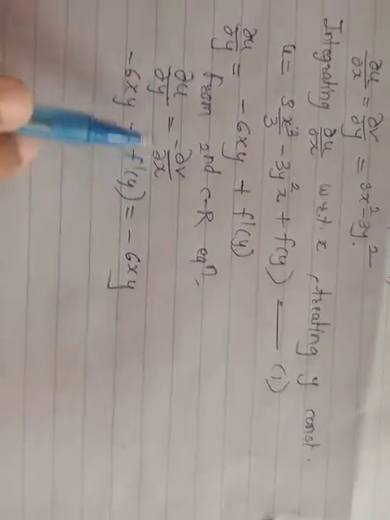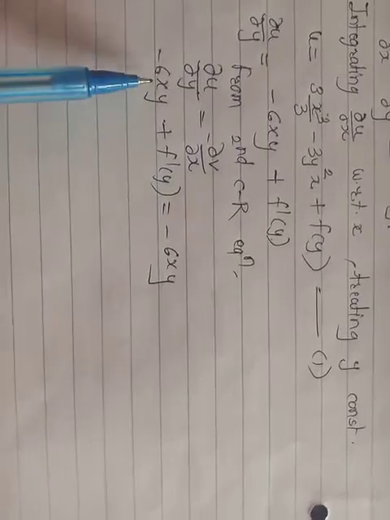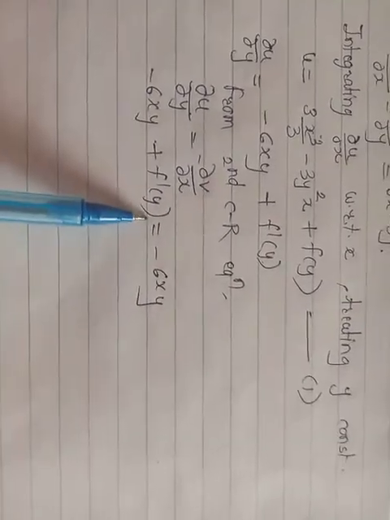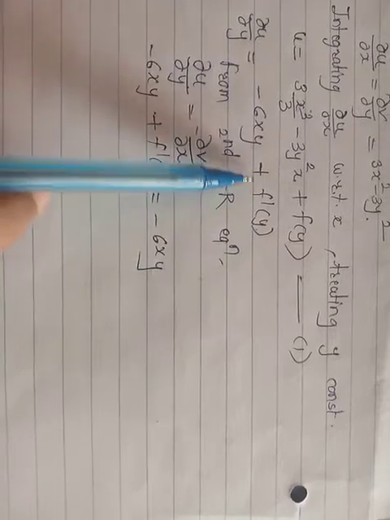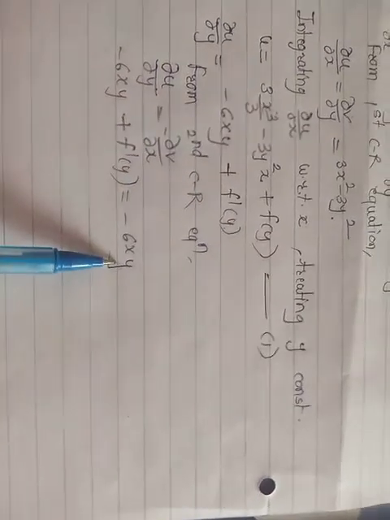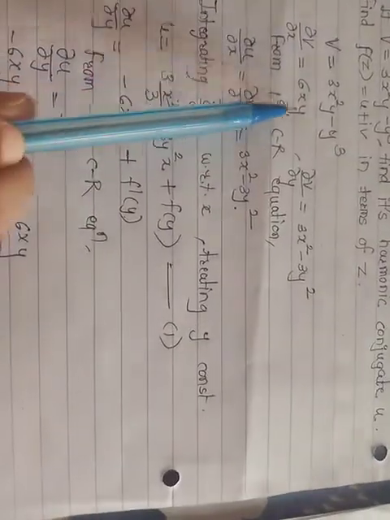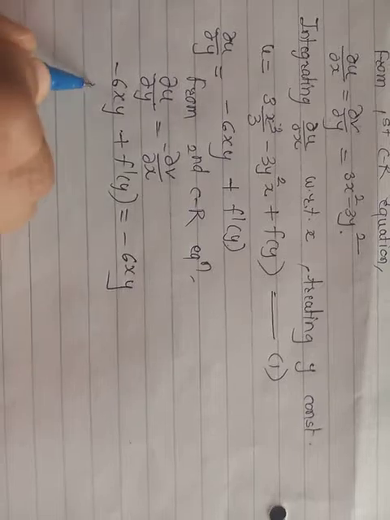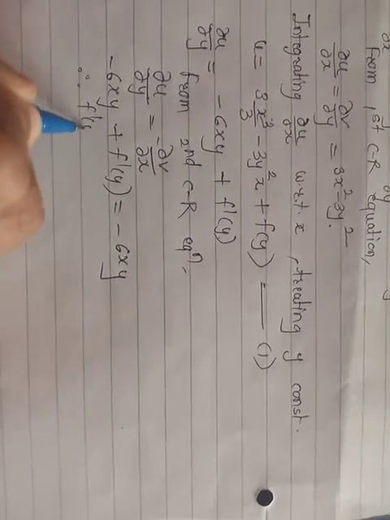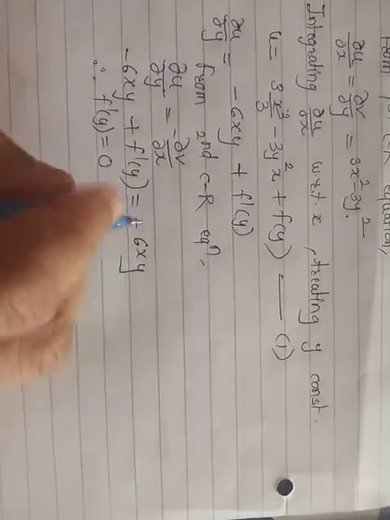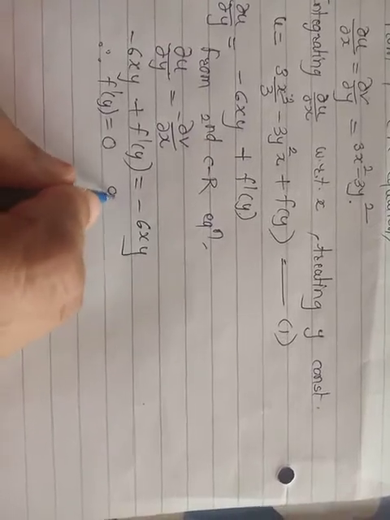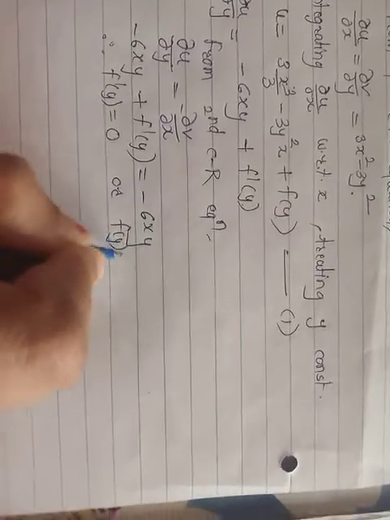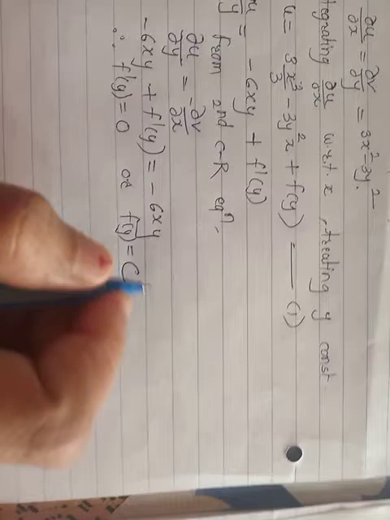So if we put actual values here, we get minus 6xy plus f dash y is equal to minus 6xy. That is minus ∂v/∂x. Now from this we can say f dash y is equal to 0 or f of y is some constant c.